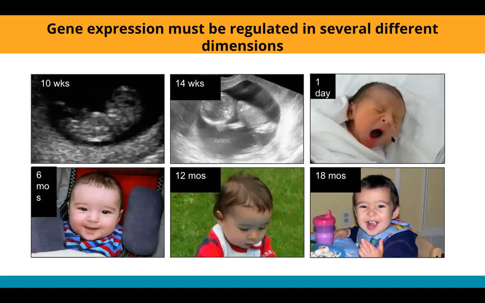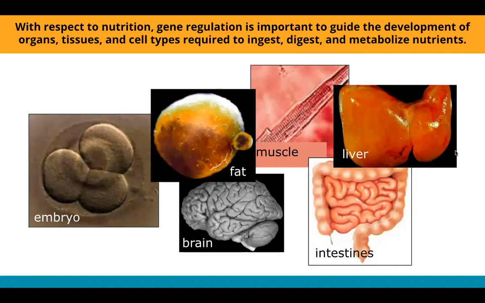The gene expression must be regulated in several different dimensions from the moment that we are conceived, from the moment that we develop into a child and eventually to adults. With respect to nutrition, gene regulation is important to guide development of organs, tissues, and cell types required to ingest, digest, and metabolize nutrients.